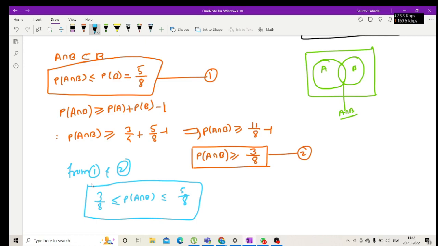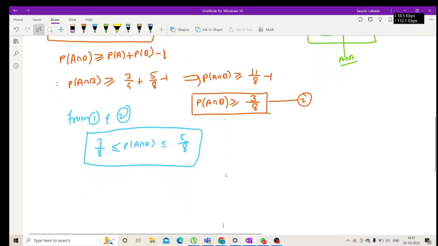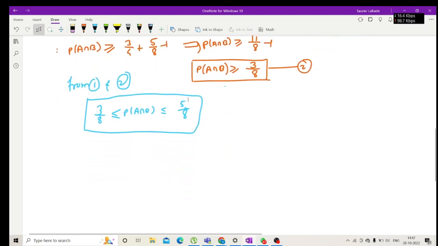Now only two examples are remaining that we will take, and then we'll stop our lecture. The next is a simple example.